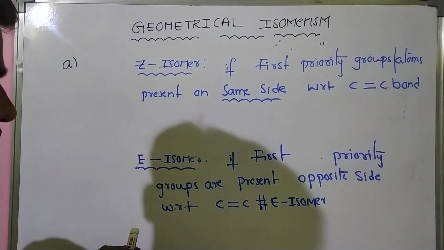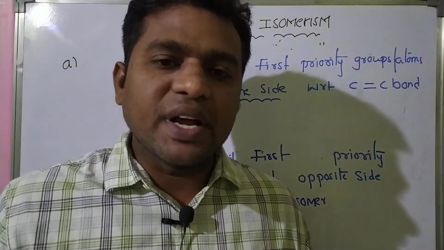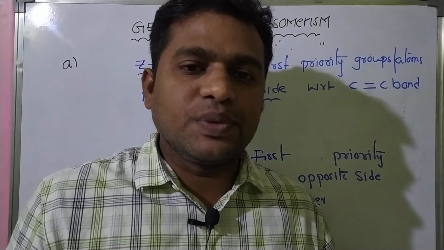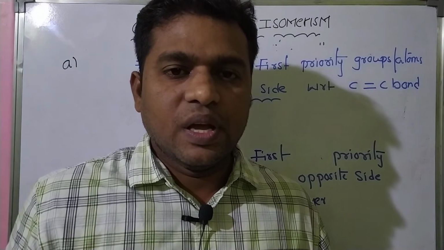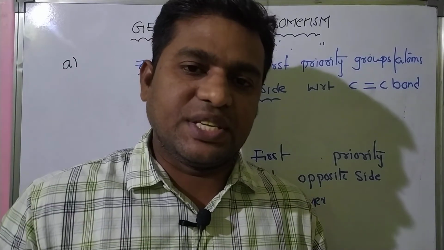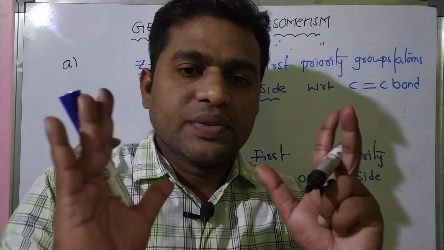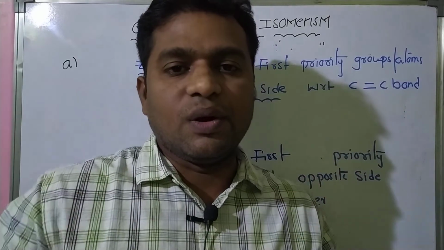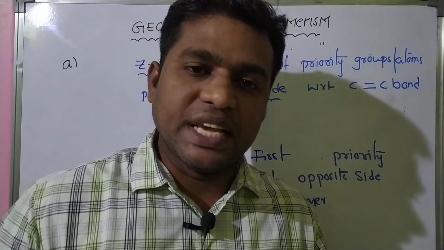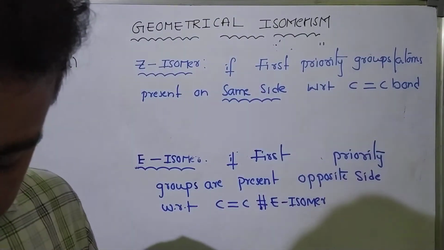Okay, understanding? Now how to give priorities to the different types of atoms and groups? In this case, 3 scientists formulated some empirical rules. Those empirical rules are called CIP rules. Now we will discuss CIP rules.